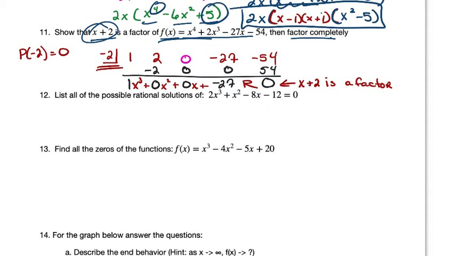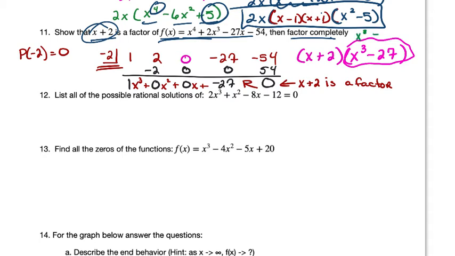So when we go to factor it, we have got now x plus 2. That's the one we just proved was a factor. And we also have the answer to our division problem is the other factor, 1x cubed minus 27. And so now we just have to factor this difference of cubes right there. Okay, I'm going to do that rather quickly.